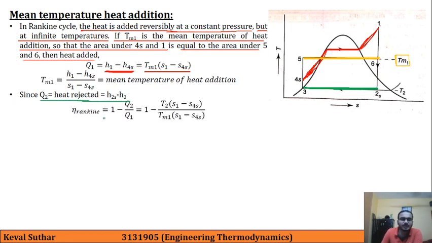Now eta Rankine is equal to 1 minus Q2 by Q1, that is equal to 1 minus the value of Q2 and value of Q1 over here. So here S1 minus S4s, this will be same in both cases, because this is the entropy difference that we are having over here.